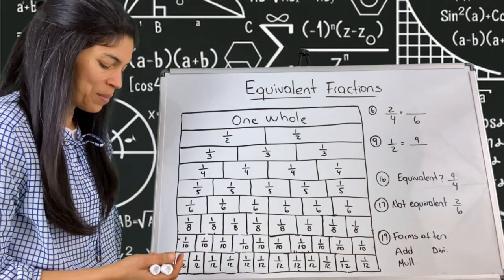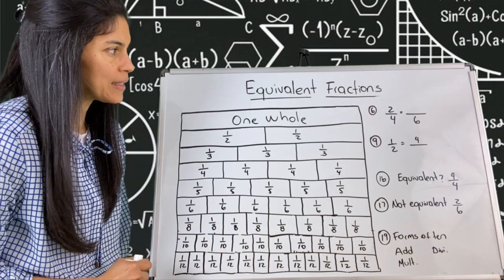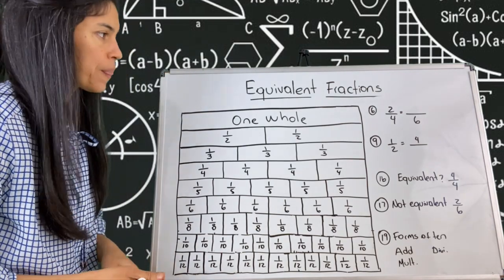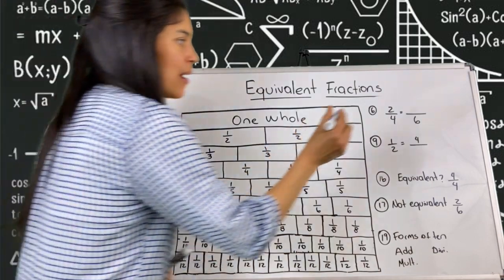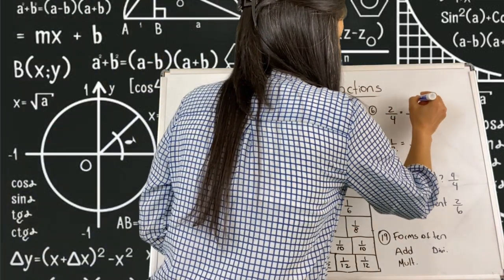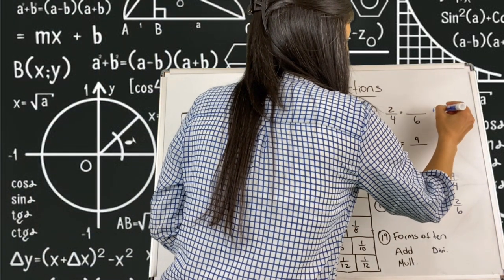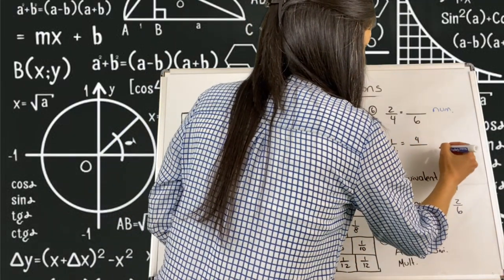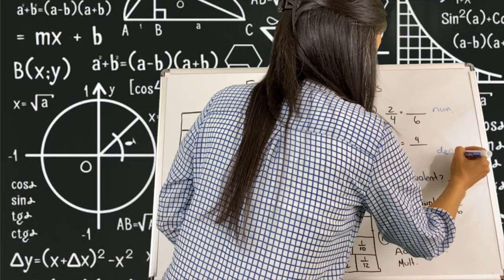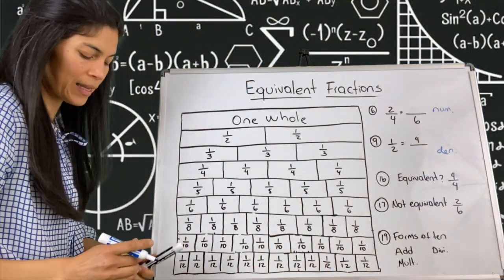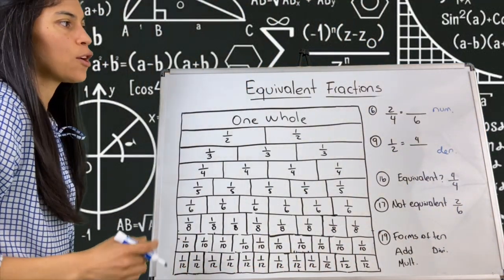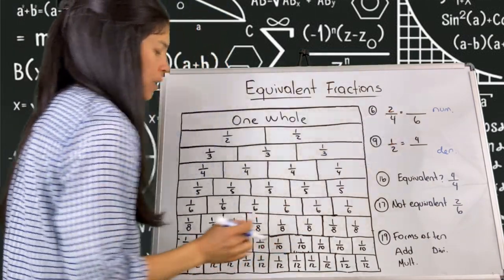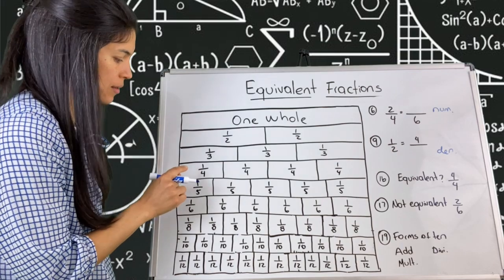So for problem number 6, you have to find the missing numerator or denominator. Number 6 is missing the top, meaning the numerator is missing here. And number 9 is missing the bottom, the denominator. So let's do those examples. What is the fraction that is equivalent to 2/4? Let's find 2/4 here.